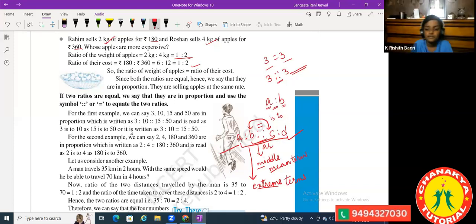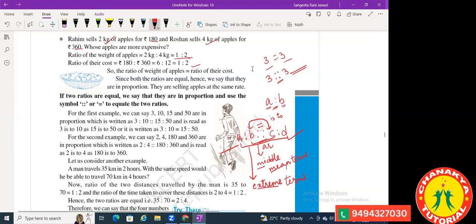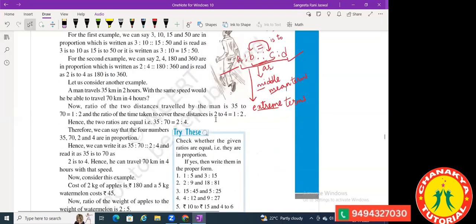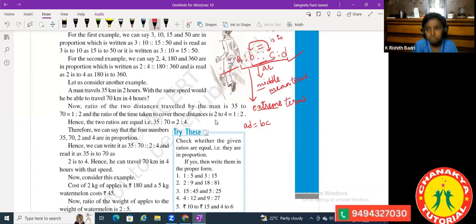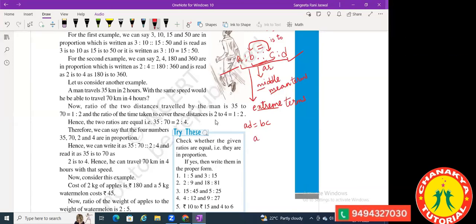So in a proportion, what we say is that the product of extremes is equal to the product of means. Okay? You understand this? How did we get this?